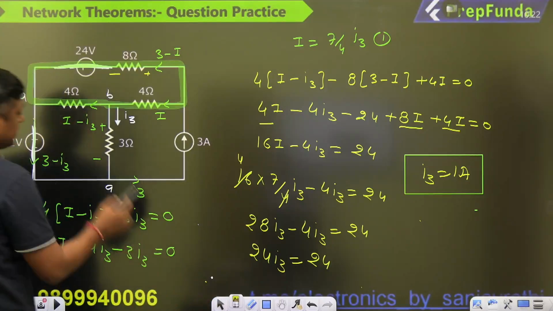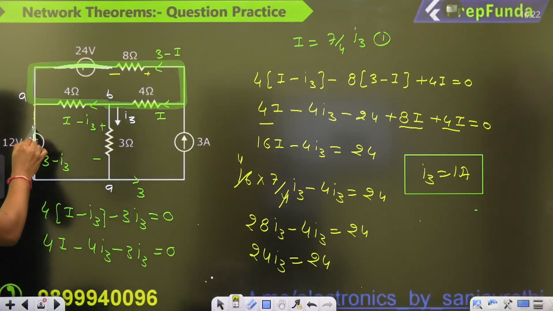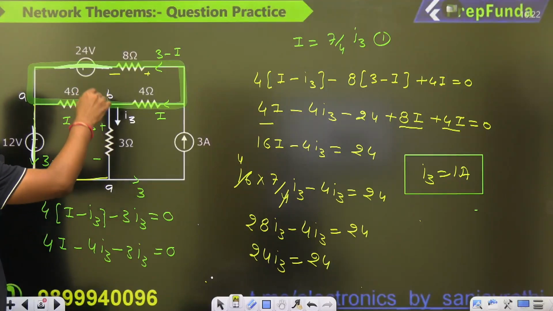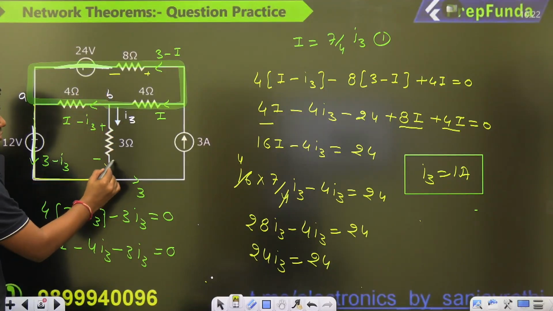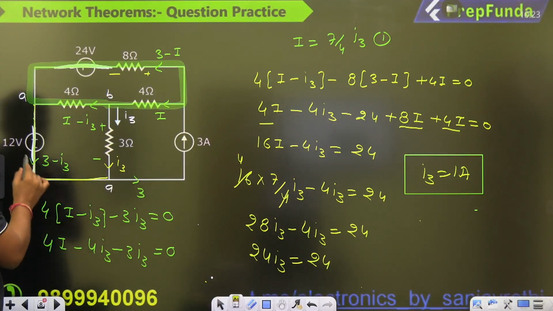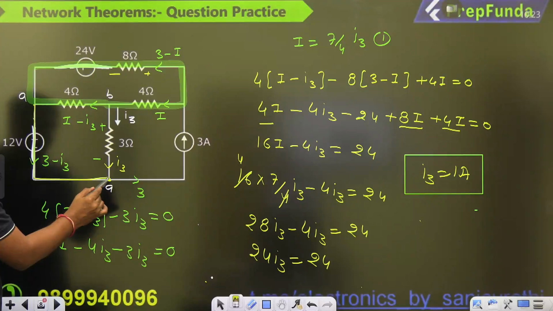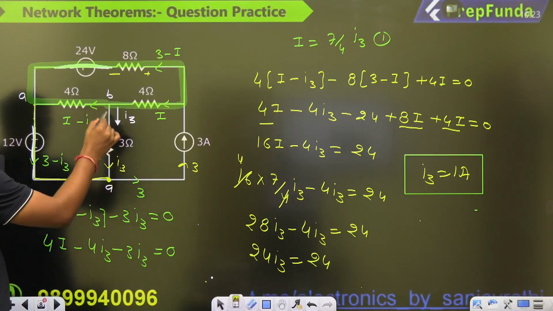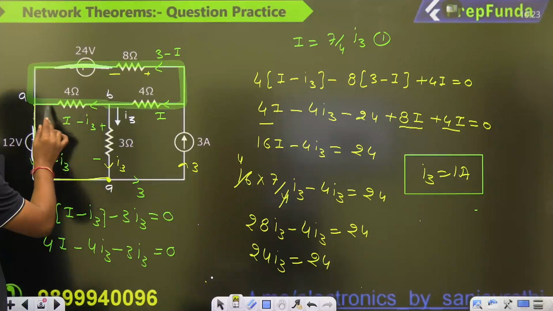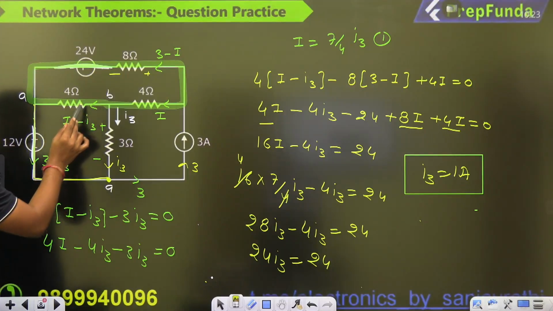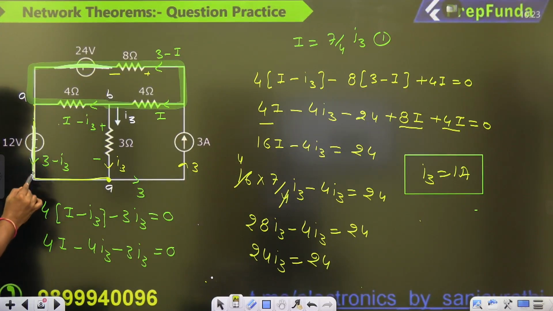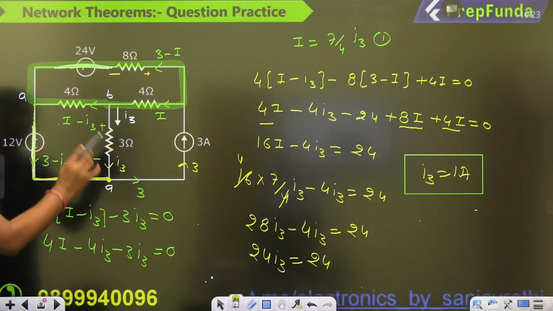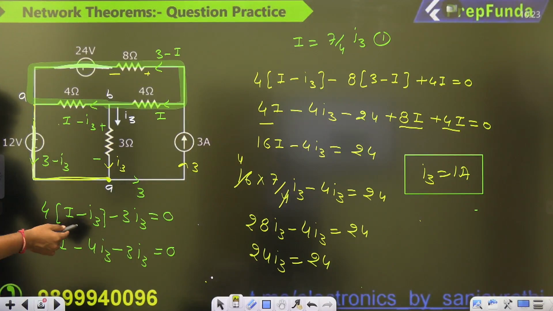Is there any resistance in this path? No resistance. So what is the current moving in a downward direction? I3. What is the branch current here? 3 minus I3. So we are applying the KCL at this point. This I3 is cancelled, and what is moving here? 3. So what is the branch current here? I3. What is the branch current here? I minus I3. And that's why we are writing 4 times of I minus I3. There is no resistance in this branch, and that's why it will become minus 3 times of I3. And this is 4 times of I minus I3 minus 3 times of I3.